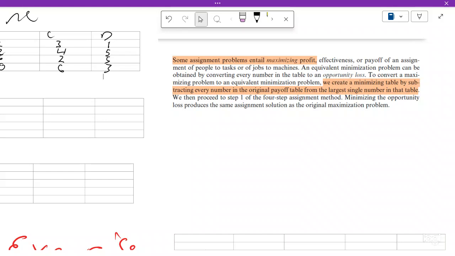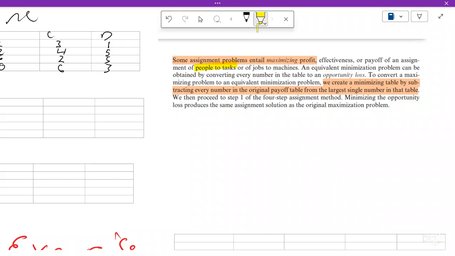Okay, so they're saying that also, this is the part I missed. When you're dealing with people, you also use the maximization method, right? Because you can't really minimize people no matter what. You can only get effectiveness through people. This is something that confused me, because there was an example that dealt with people in the book.